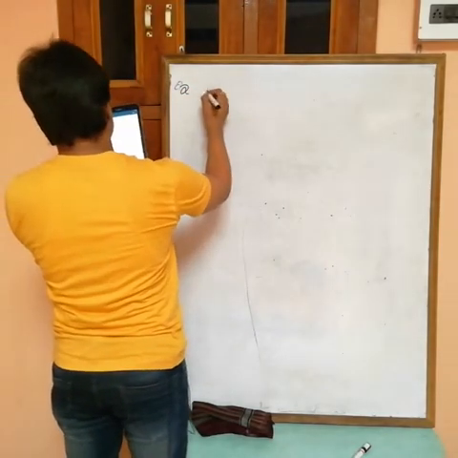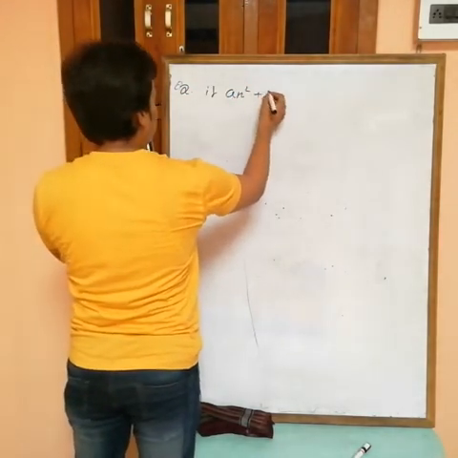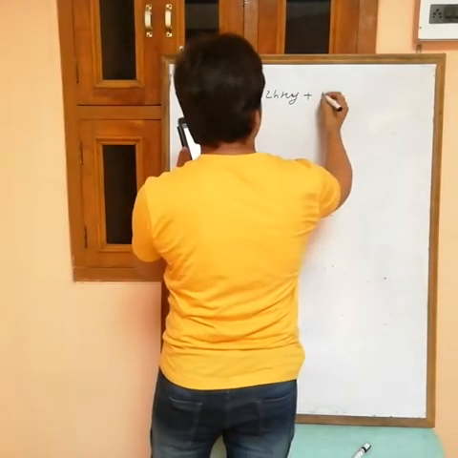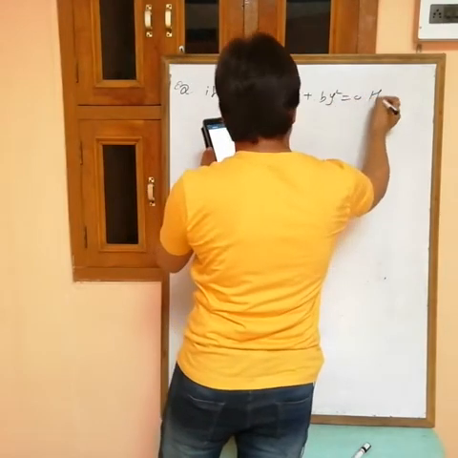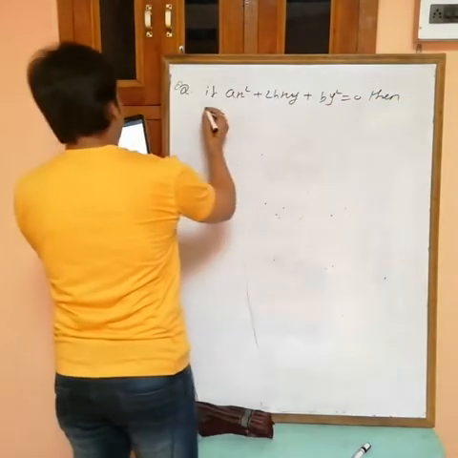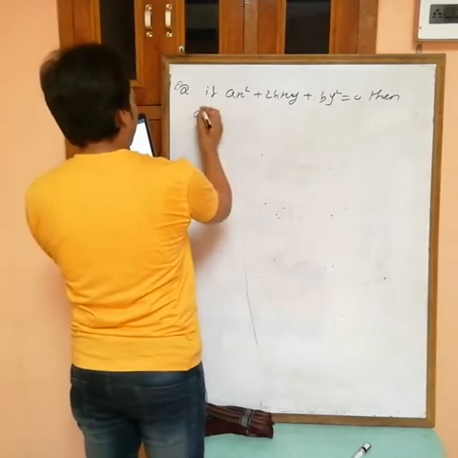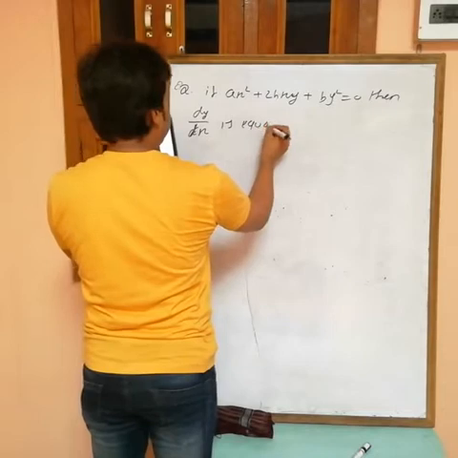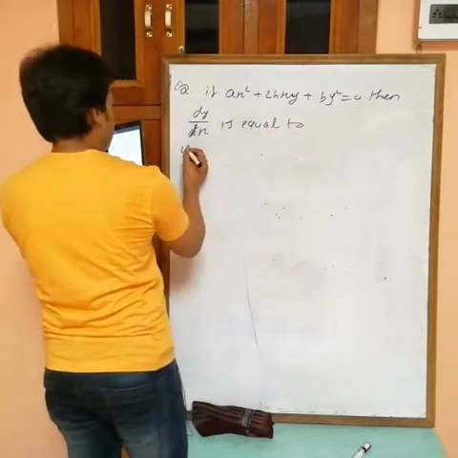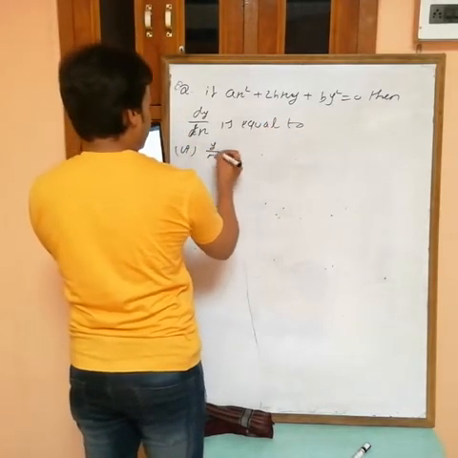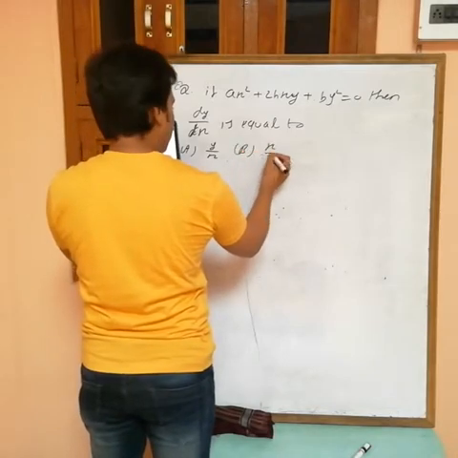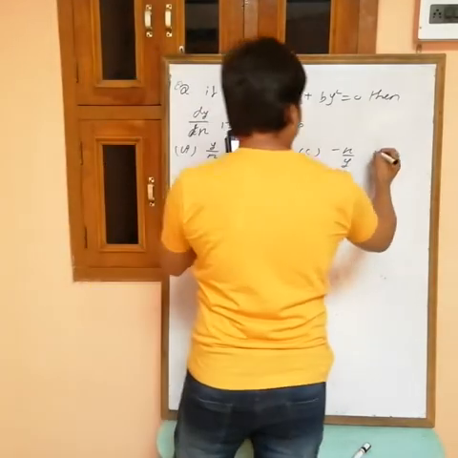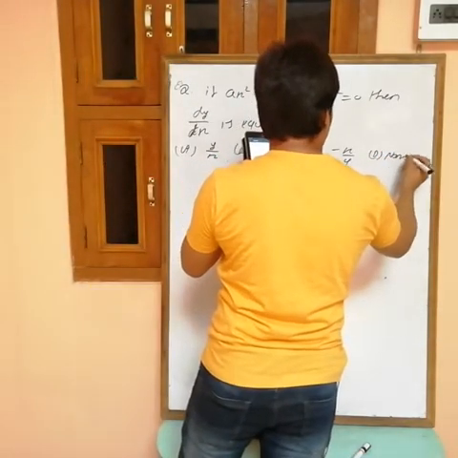Next, if ax square plus 2hxy plus by square equals 0, then find dy by dx. Then dy by dx is equal to: option A is y by x, option B is x by y, option C is minus x by y, and option D is none of these.